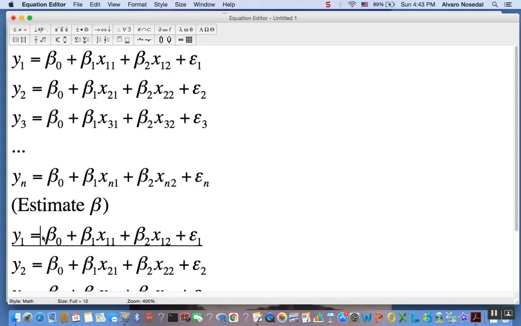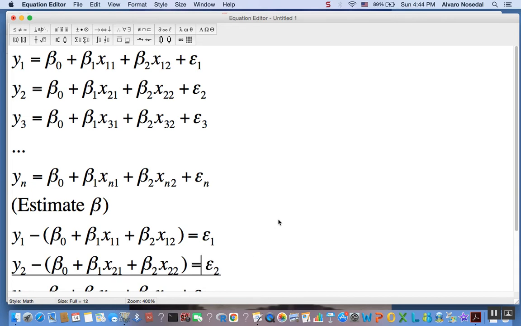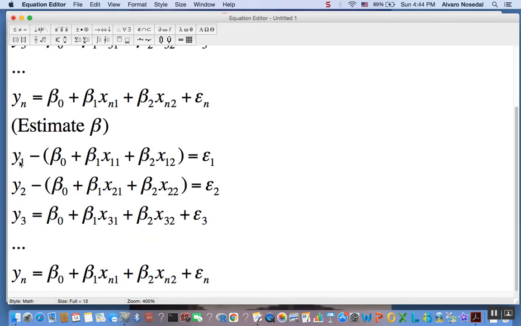Before, when we were talking about just having a single predictor, what we wanted to do was find particular values of beta 0 and beta 1 such that the difference between what we observed and what we predicted was small.